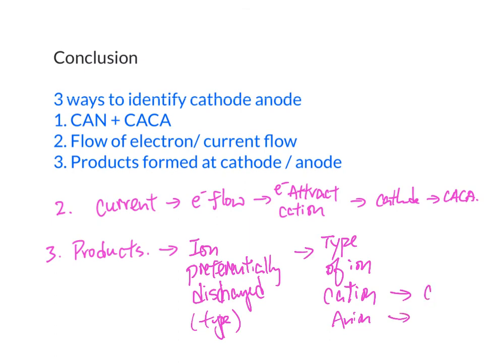If it's a cation, then that has to be cathode. If it's an anion, then it has to be anode. So basically, this can help you to identify which one is cathode and anode, and then you can write the corresponding half equation for that. Okay, that's all for this video. Bye bye.